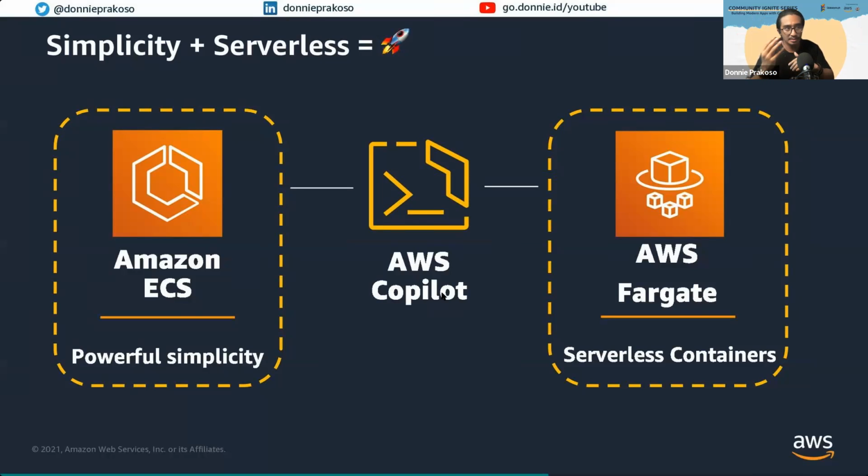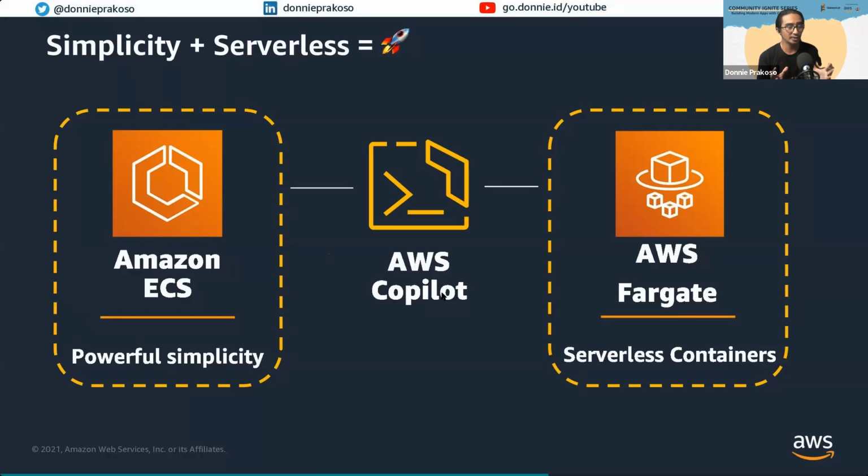And not to forget to mention that you also need to understand the best practices. And that's where AWS Copilot comes into the picture. AWS Copilot is a CLI tool that will greatly help you to get started with containers. Not only is it the best tool for you to get started, but it also gives you the flexibility to extend your system. So let me show you some examples.